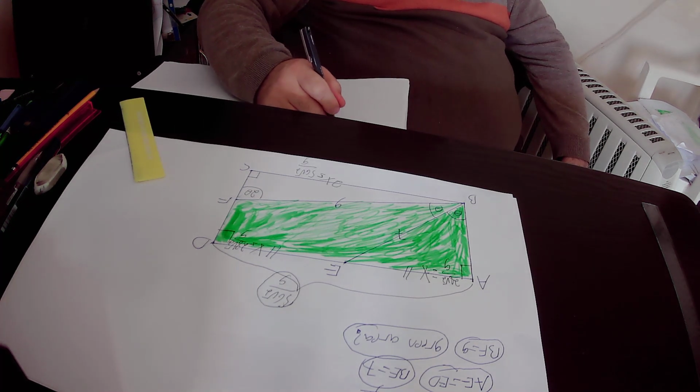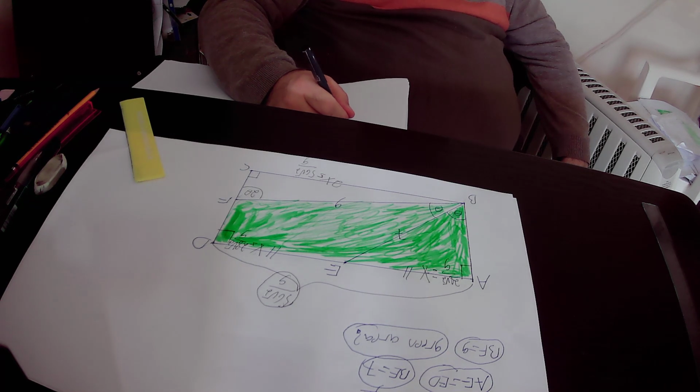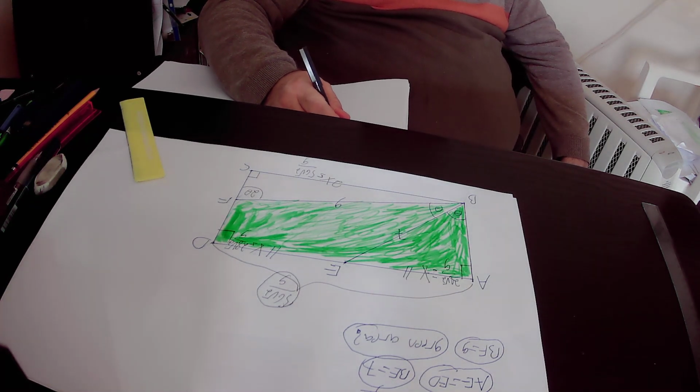But we already found out that cosine theta equals 7 over 9, so we can substitute cosine theta by 7 over 9.